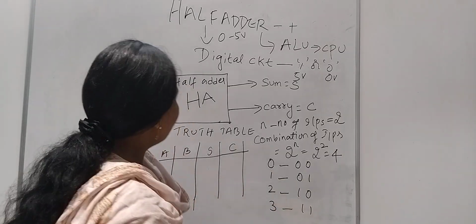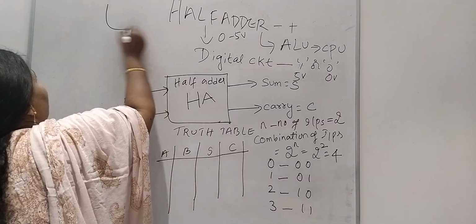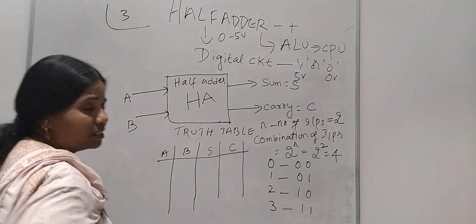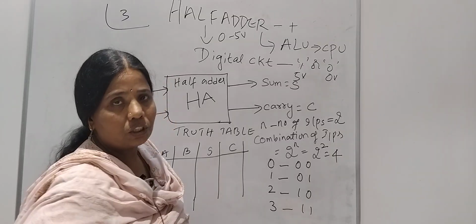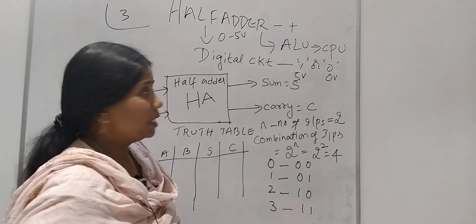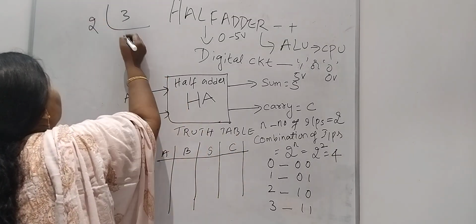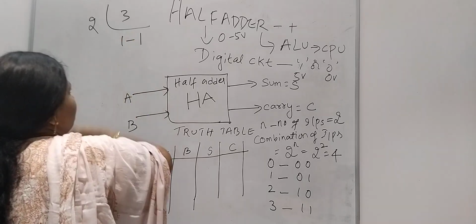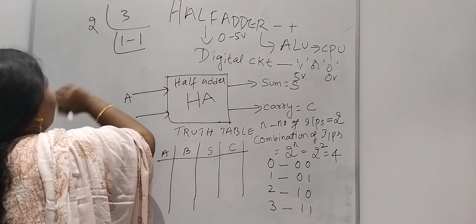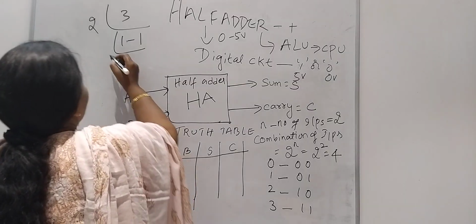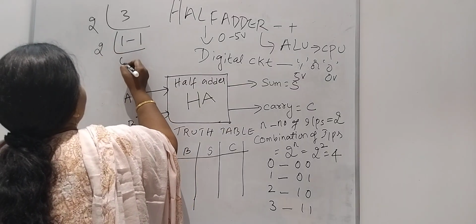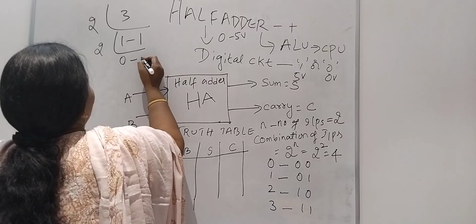So how are you going to convert a decimal into binary? Take 3. Already from the 6th class onwards you are studying the conversion of a decimal number into a binary number. 2 ones are 2 and 1 is left out. Again, what do you have here? 2 zeros are 0 and 1 will be left out.